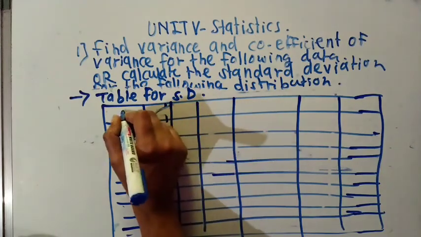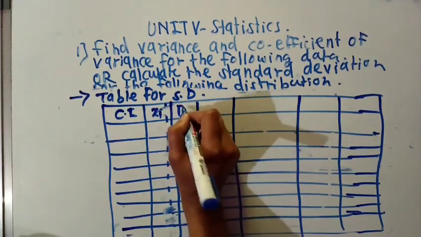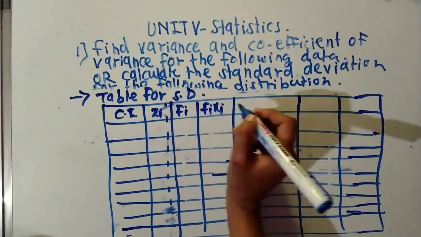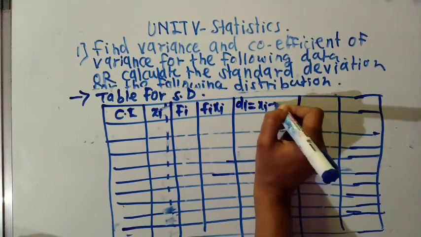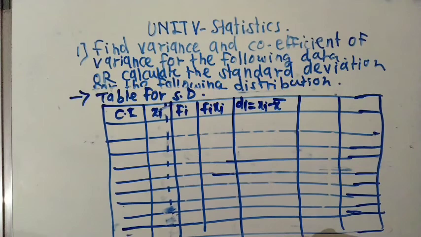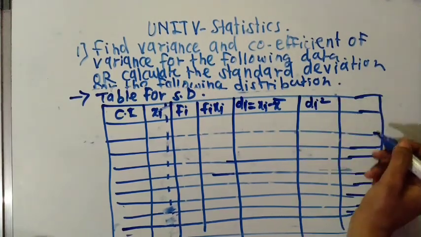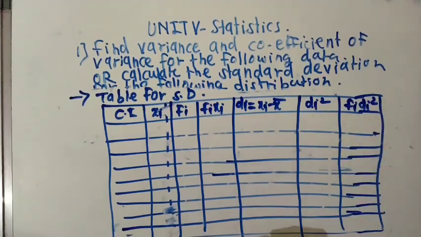Then find out di is equal to xi minus x bar, then di square, then fi into di square.